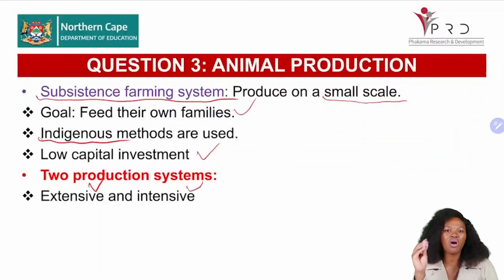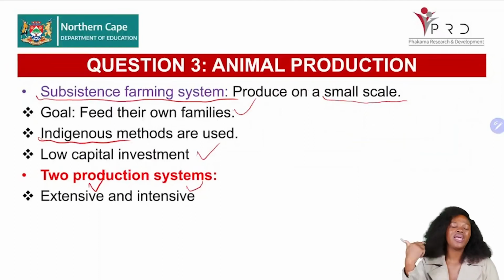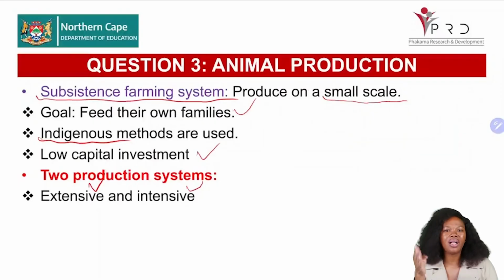When we speak of farming systems, we look at the goals, the purpose. What is the purpose of raising these farm animals? It is to feed our own families, or it is to sell and make profit. But when it comes to the production systems, it is now about how we raise the farm animals. Animals can either be raised under the extensive production system or the intensive production system.